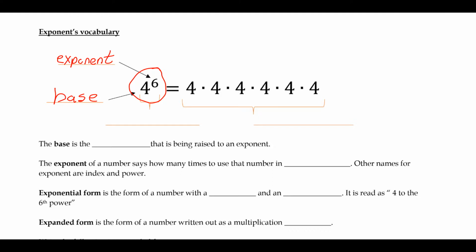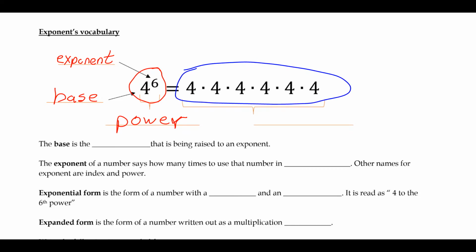And then some names for this that you might hear, we'll go over a few others, but you might just call this a power when you see the whole thing. A power there. So you have 4 to the 6th power. Now, the very important thing that we're going to talk about is this whole idea right here.